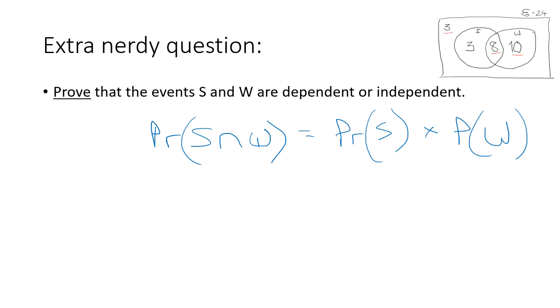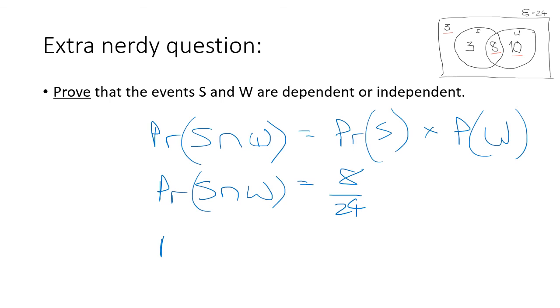So we'll apply that test. Now we have to calculate these things separately, and we've actually done most of them already. So we're not really doing new work with most of these questions. So the probability of the intersection is just our 8 out of 24. I probably won't simplify these at the moment because it doesn't matter that much.